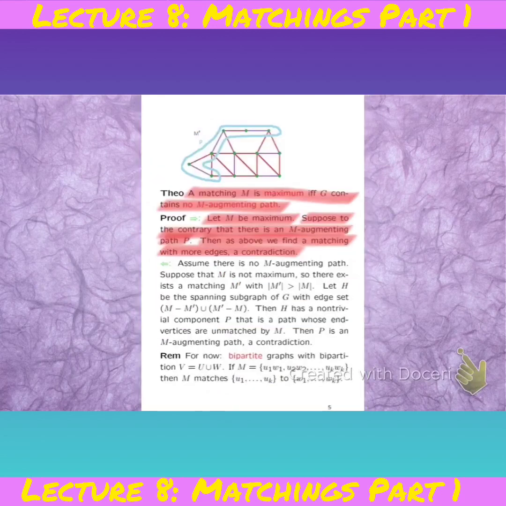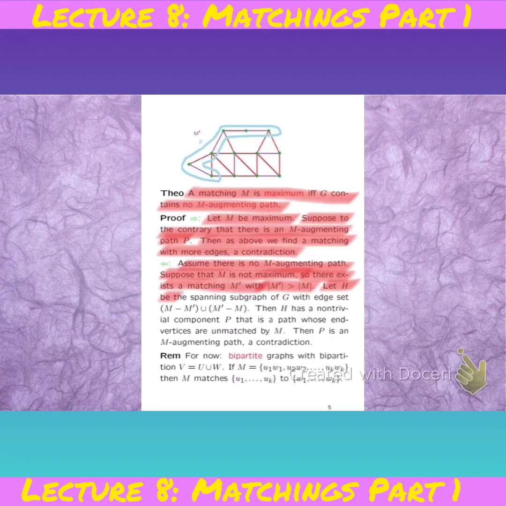Right, and the reverse is: if G contains no M augmenting path, well, let's assume it contains no augmenting path, and suppose that M is not maximum. So you can find another matching that's got strictly more edges than M does.